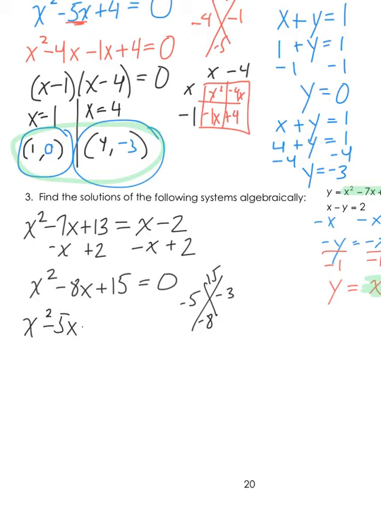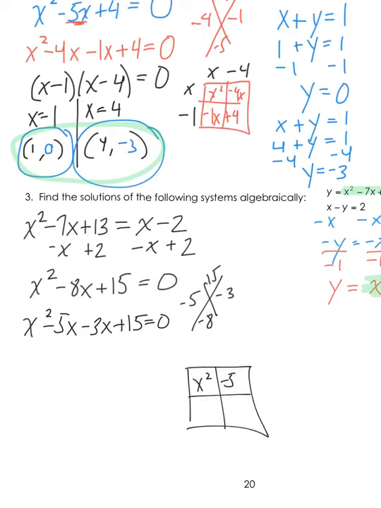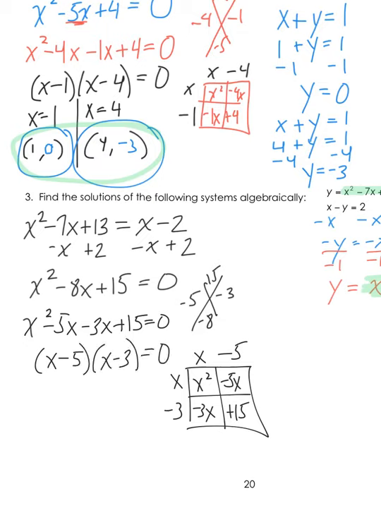And they give me a -8 when I add them. I'm putting the first 2 in the top story. Nice easy x squared there, making those guys easy. Negative times a negative gives me a positive. I'm looking at x minus 5, x minus 3.